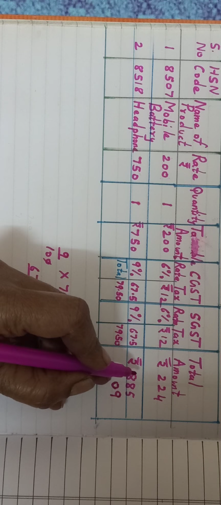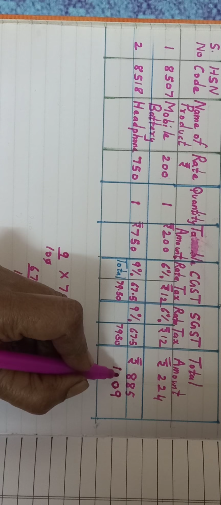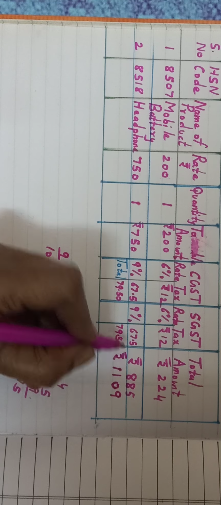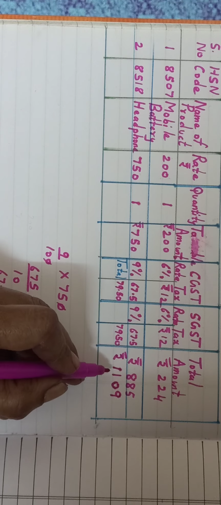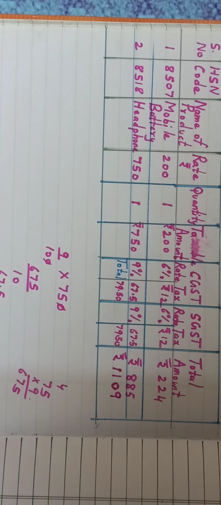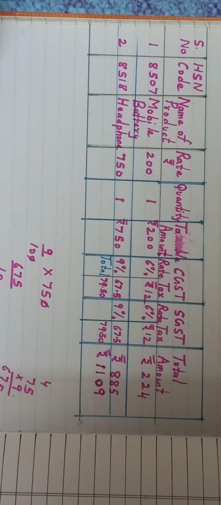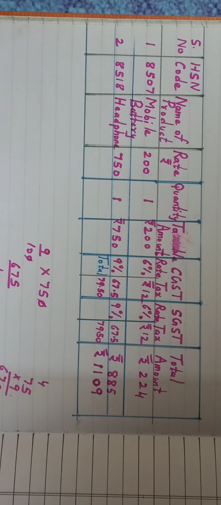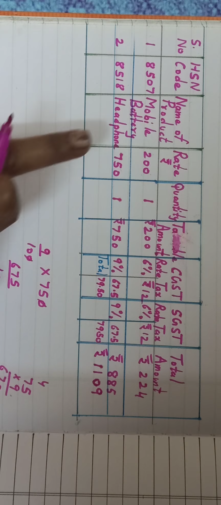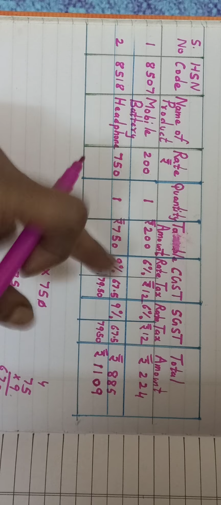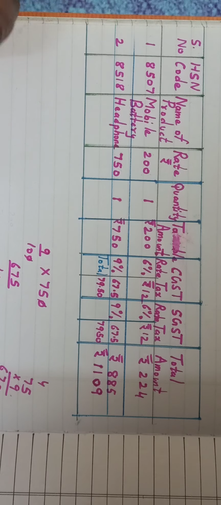Then 8 plus 2, 10, 10 plus 1, 11 rupees. Okay, 1109. This much amount you will have to pay. This way you have to prepare tax invoice. HSN code will be given to you, name of the product, rate, quantity. If it is more than one, then you will have to do more calculations. Here it is not needed. Okay.